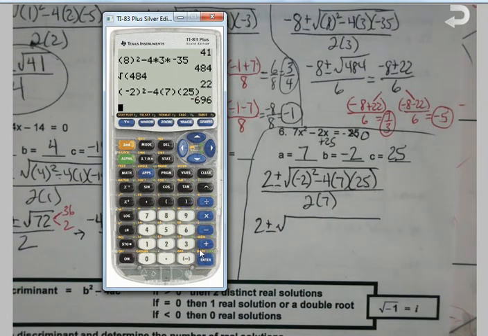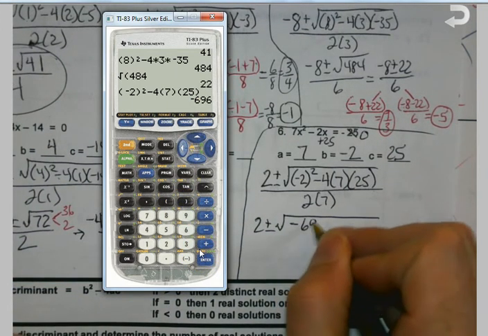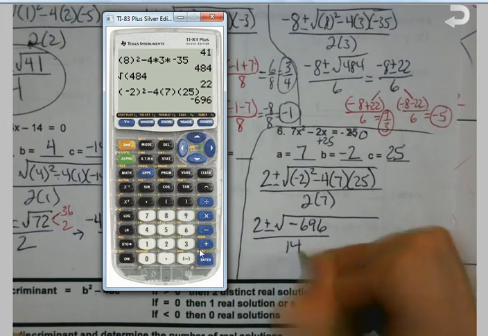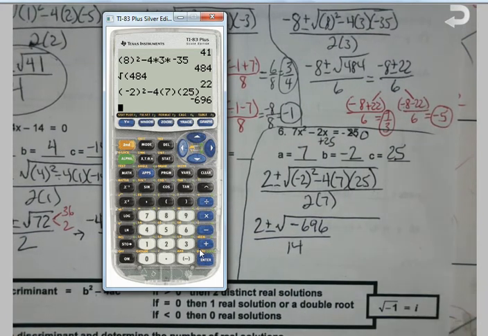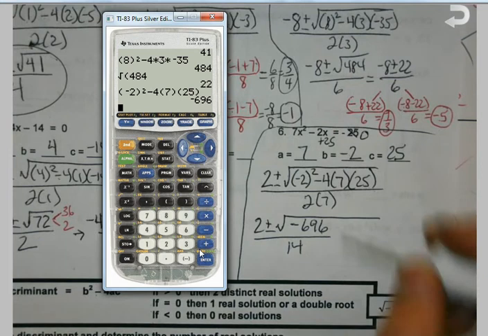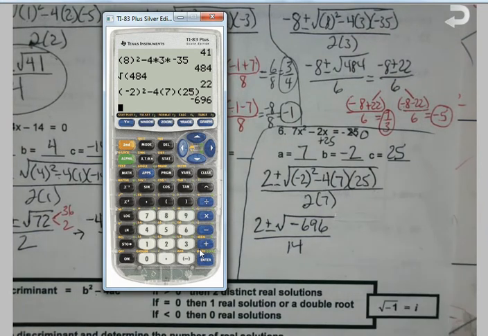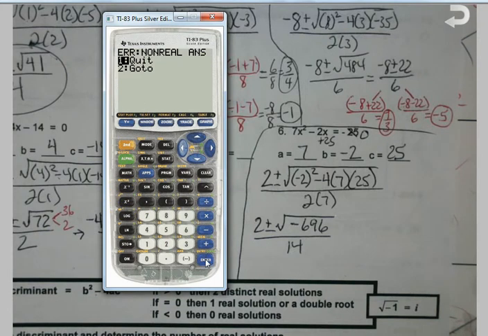Ooh, a new sort of fun. 696. Okay. So let's see here. We have a couple of issues. First issue, square root of negative 696. Uh-oh. Now what?